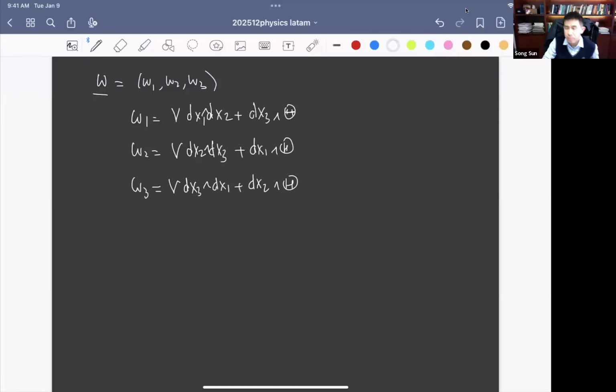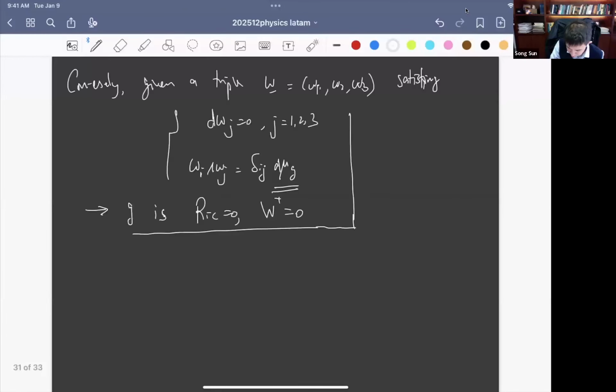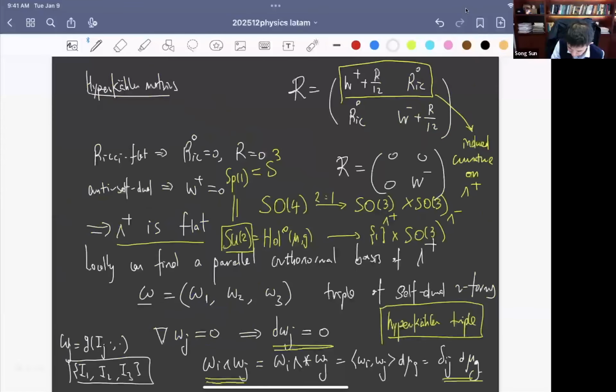Here it's easy to check that omega i wedge omega j, for example omega 1 wedge itself, you just get twice V dx1 dx2 dx3 wedge theta, right? So this is 1/2 delta ij d mu G. Here maybe I forgot this 1/2 somewhere.